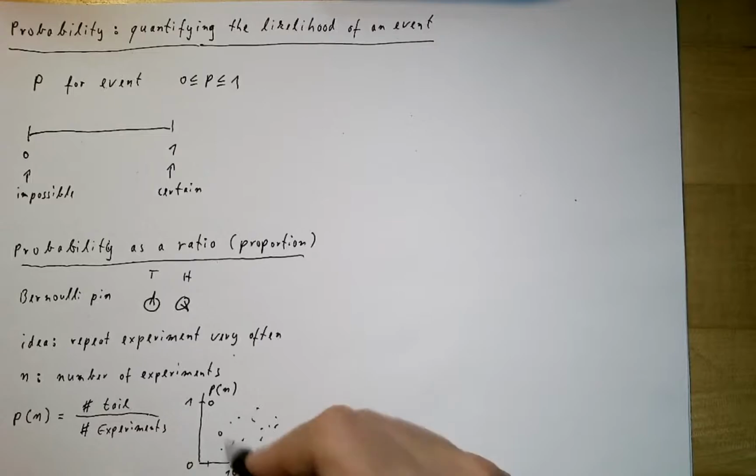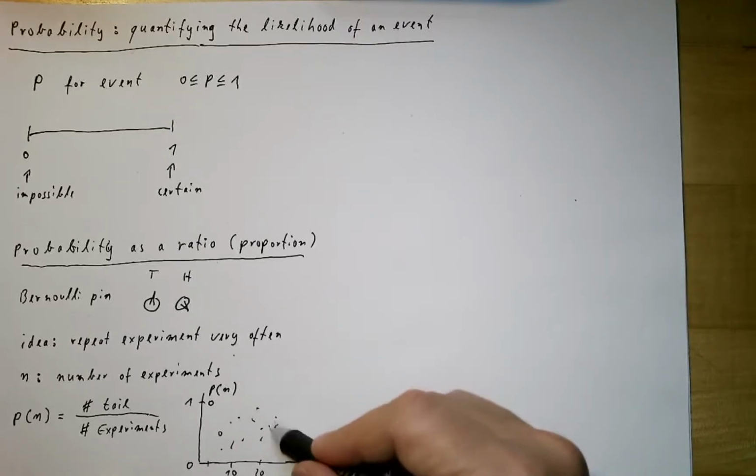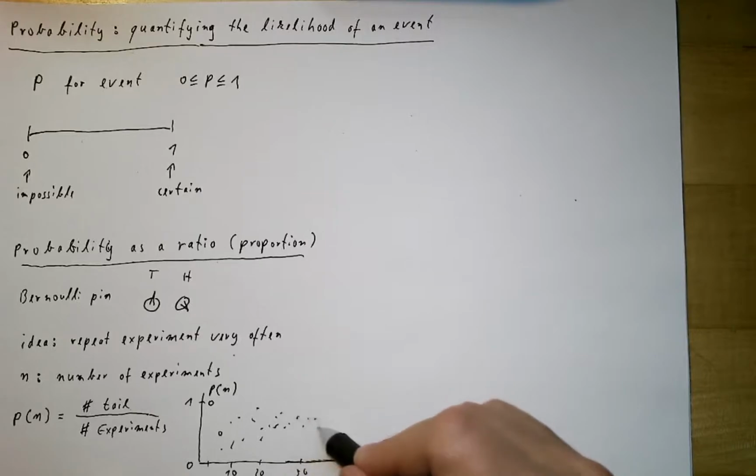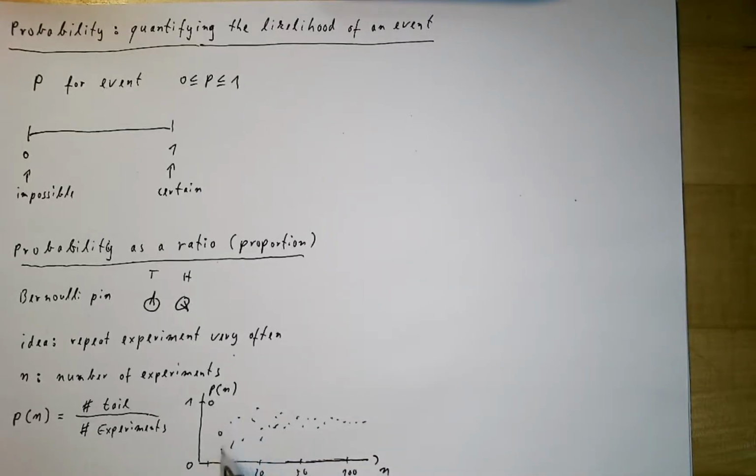Maybe here we have done 10 experiments, 20, 50, 100, and so on. But then after some time, what we realize is that this ratio, the fraction of experiments where the pin lands in the tail position, approaches the value.